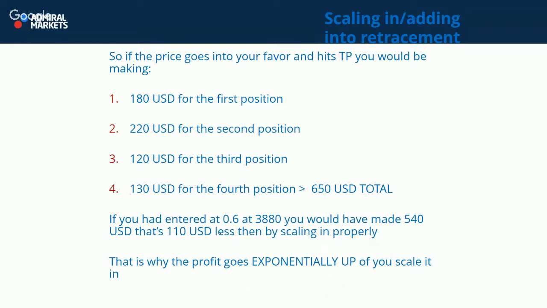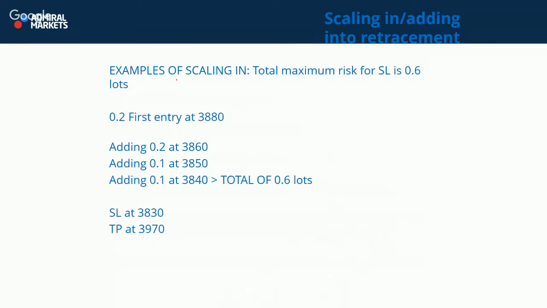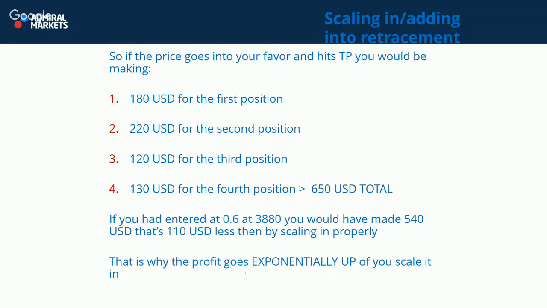If you had entered 0.6 at 38.80, you would have made $540. That's $110 less than by scaling in properly. This is how you can make your profits go exponentially up if you scale in.